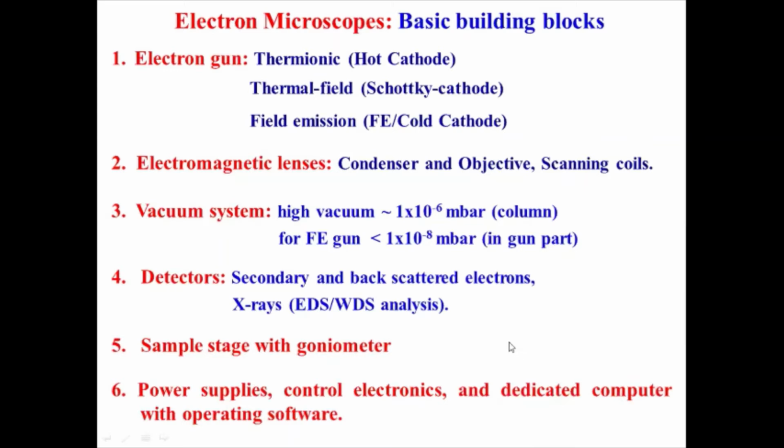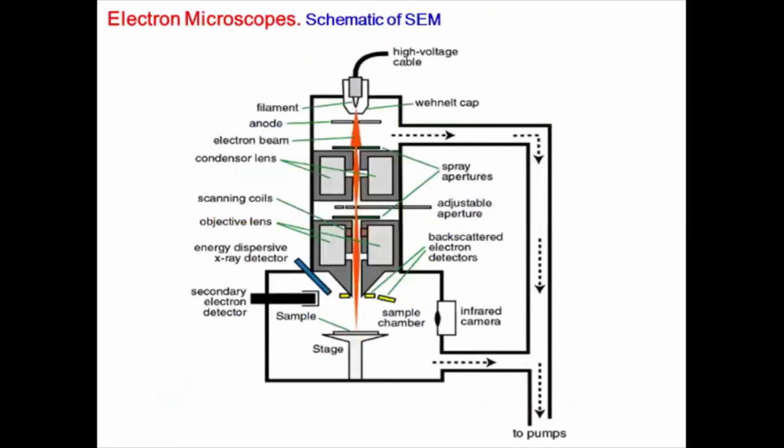You have a sample stage with a goniometer, because you are going to scan the sample, that is move the sample. So without breaking the vacuum, externally you can have fixtures which will allow you to move the sample in X, Y, Z directions. And some control electronics and power supply is essential.